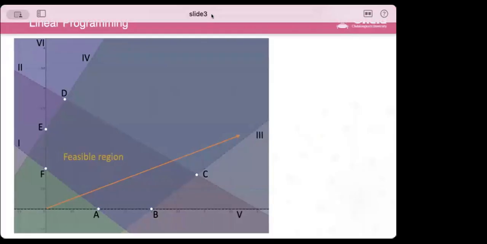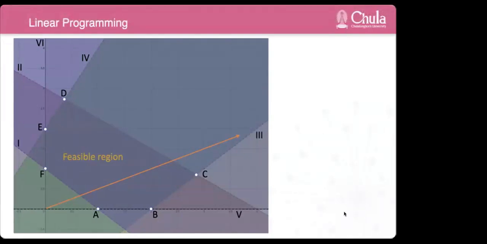Okay, so this is a feasible region. I believe that some of you may have already defined it, from A to B to C to D, E, F. Okay, just that.